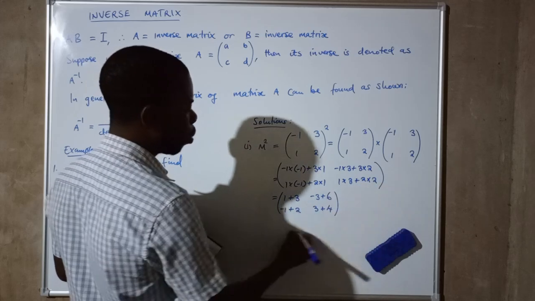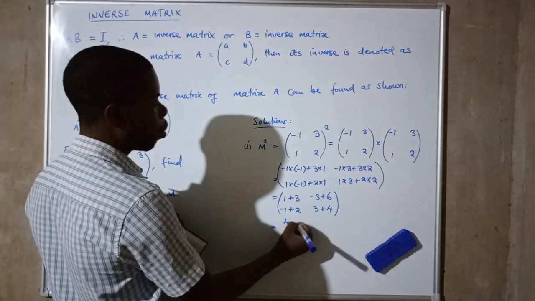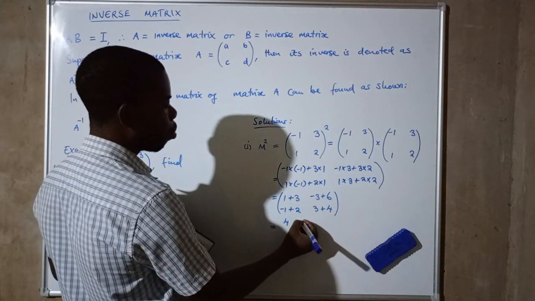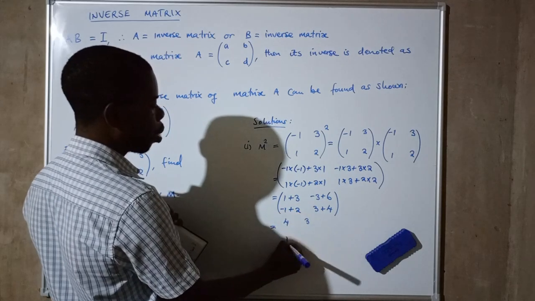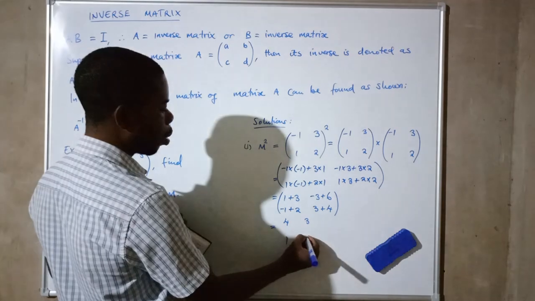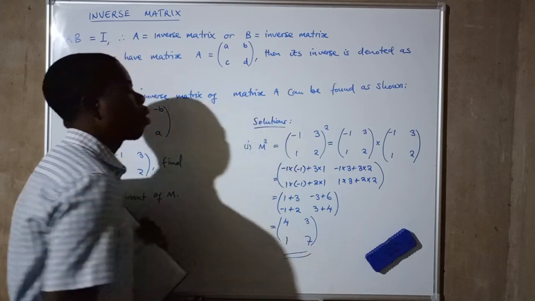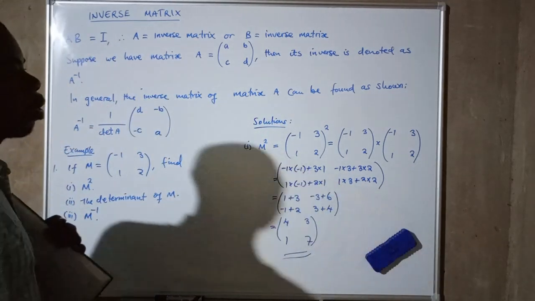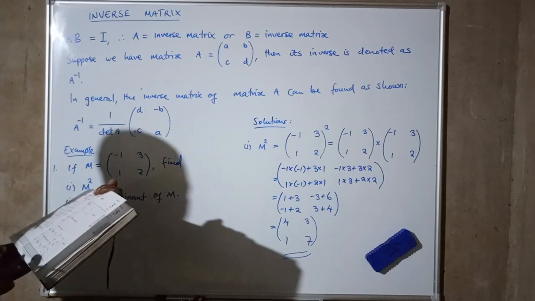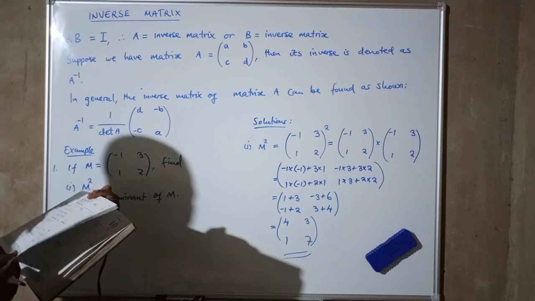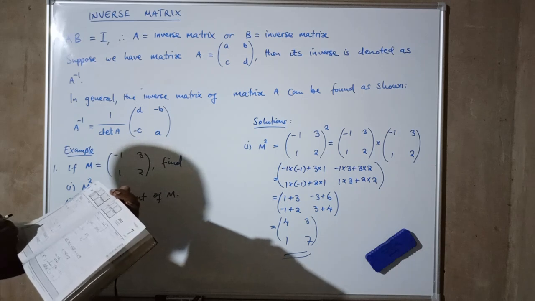Then 1 plus 3 gets 4. Negative 3 plus 6 gets 3. Negative 1 plus 2 gets 1. Then 3 plus 4 gets 7. So this will be the final answer for M squared. It's very, very important that you get to understand these things.